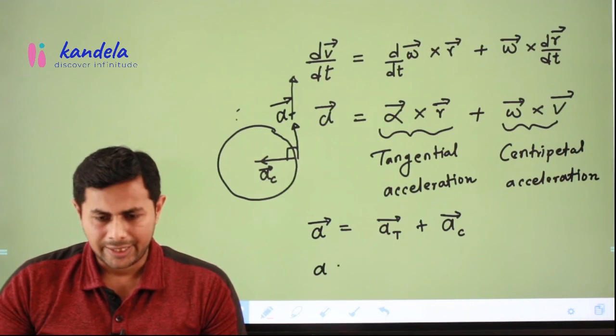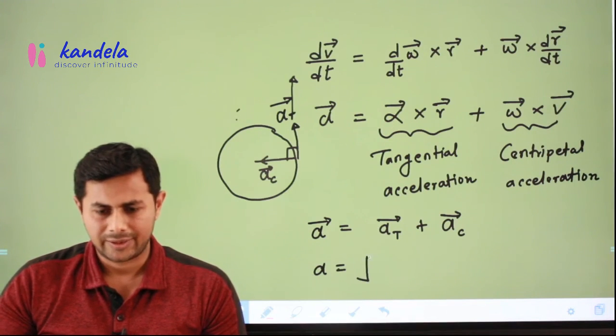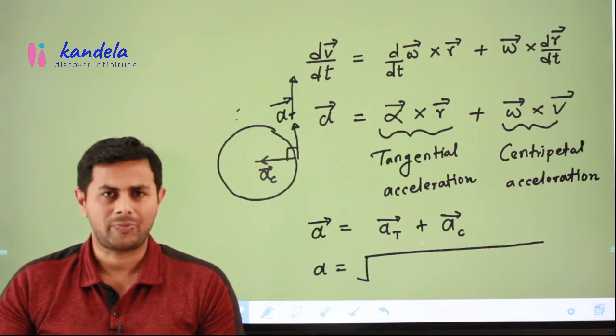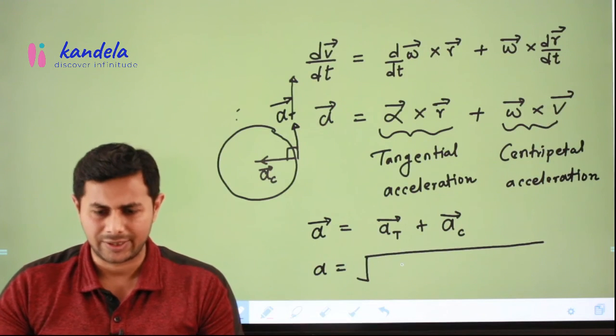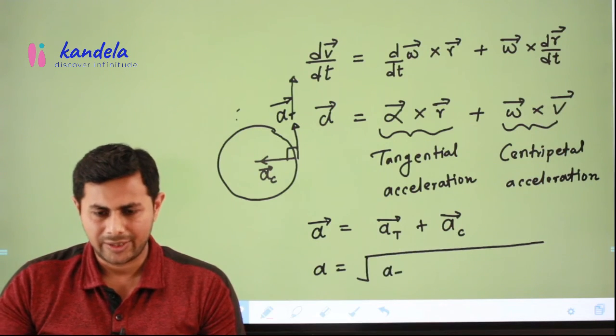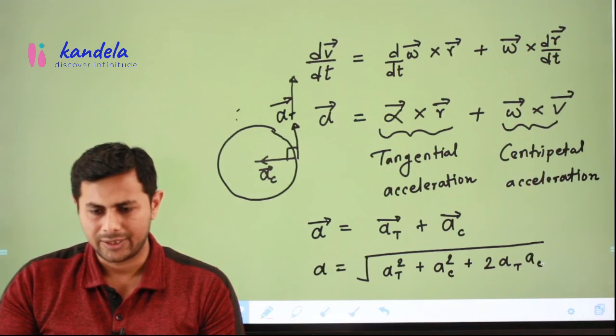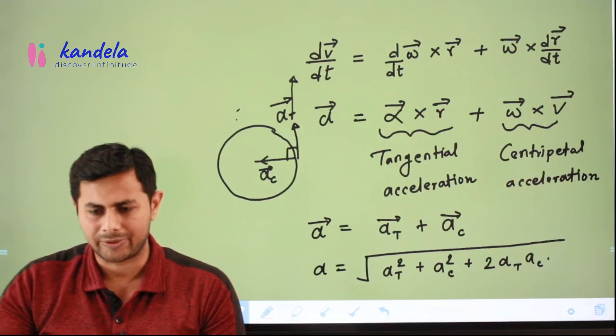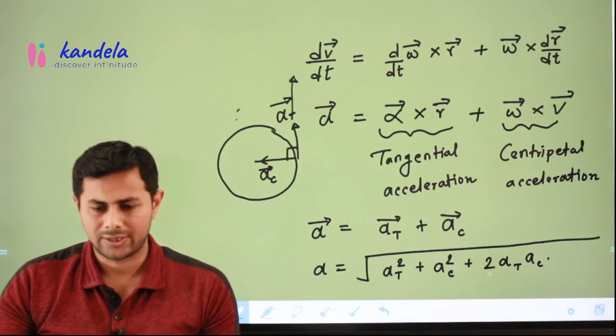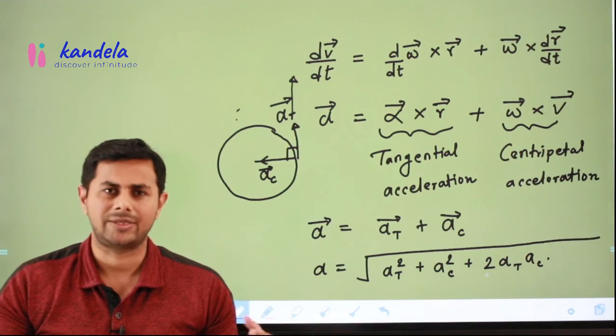So the magnitude of A is given by using the triangle law or parallelogram law of vectors addition. Square root of AT square plus AC square plus 2 times AT into AC into cos of the angle between the two, right? This is how we find out magnitude of resultant.